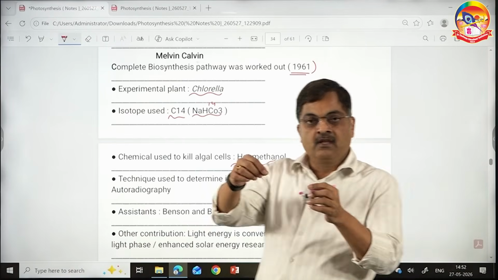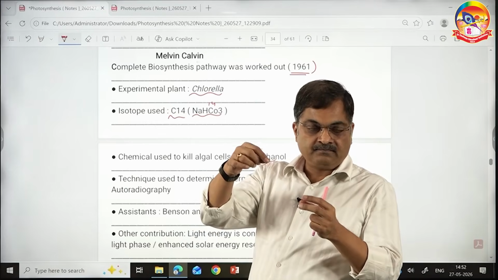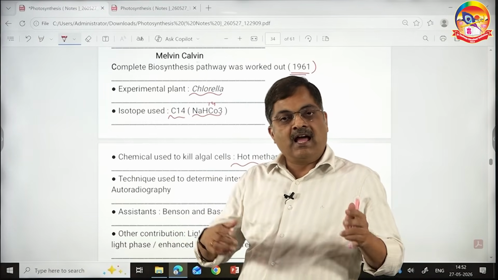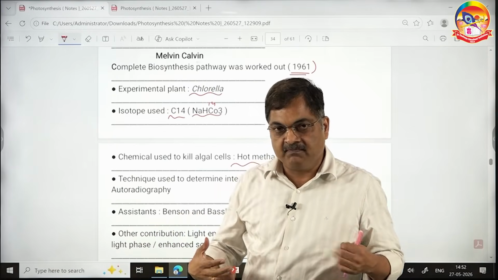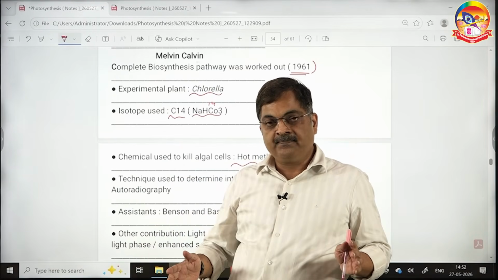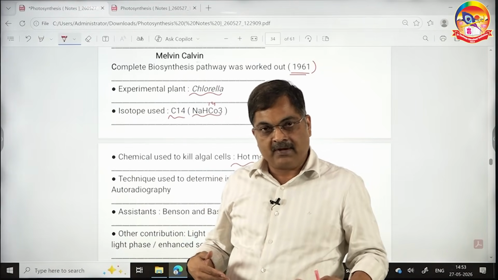He added radioactive carbon in the form of sodium bicarbonate into algal cells and allowed photosynthesis to take place for a certain period of time. He dropped it in hot methanol and photosynthesis stopped. By using autoradiography, he was able to know the intermediate compounds.